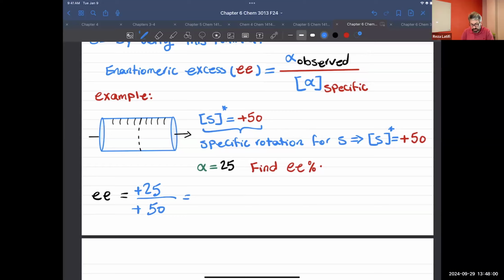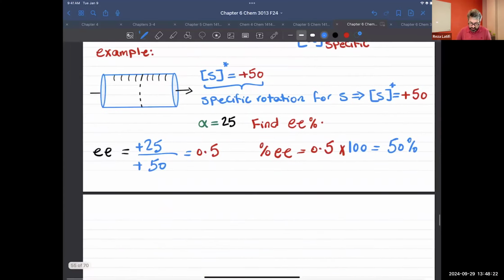And that's going to be 0.5. Now, you want to know the percentage for it? Just simply multiply the 0.5 by 100. That's going to give you enantiomeric excess equal to 50%.